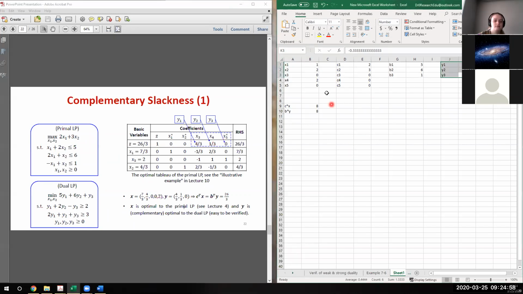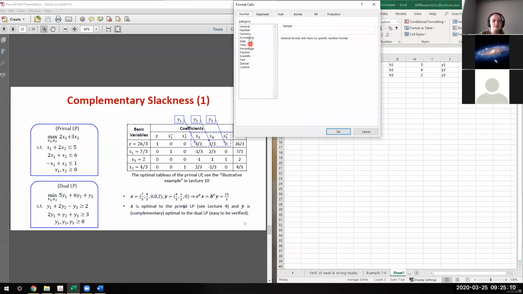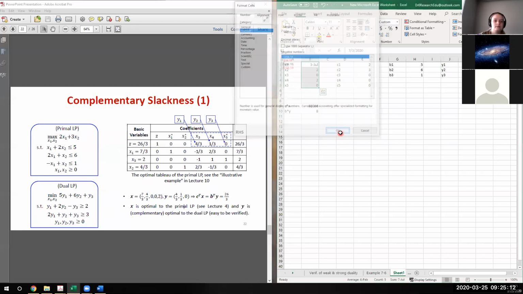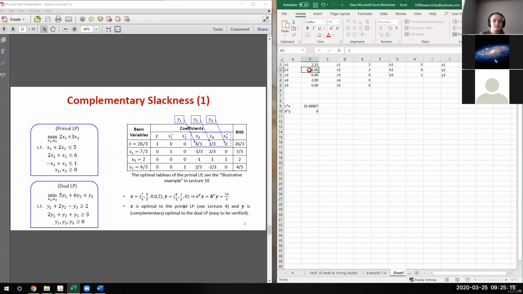If you substitute here, I can directly substitute 7/3, 4/3, 0, 0, 2, and put y equal to 4/3, 1/3, 0, and you see they're again equal.